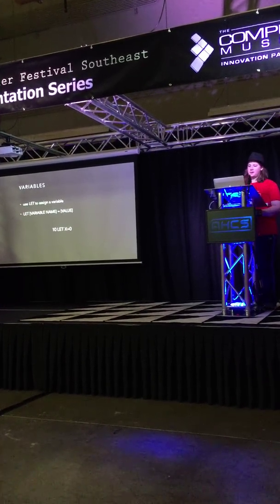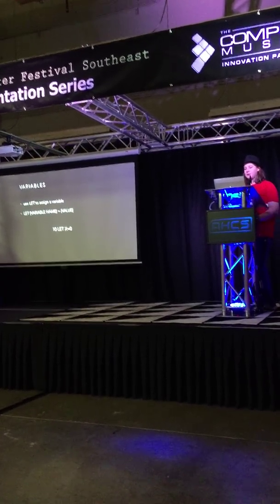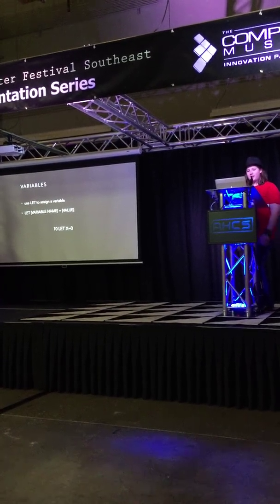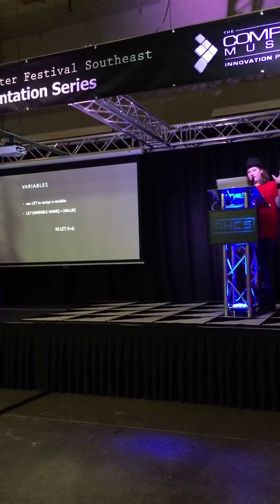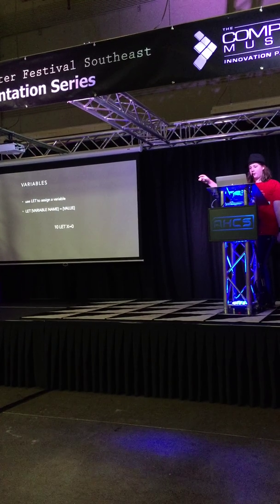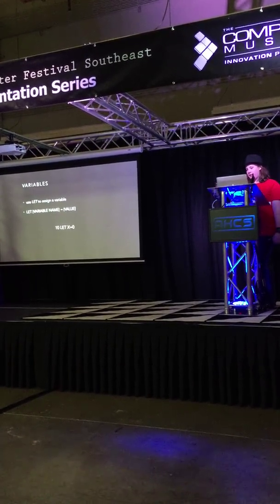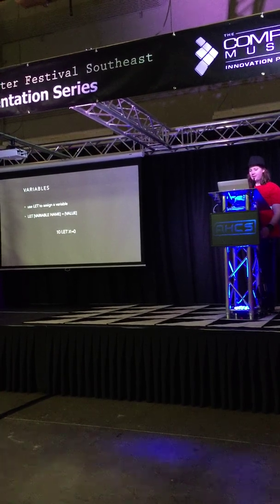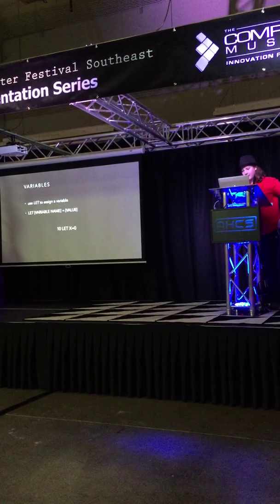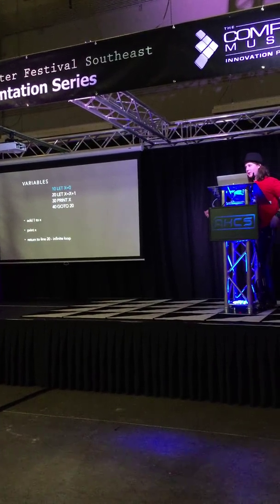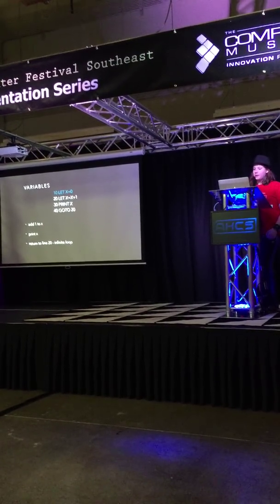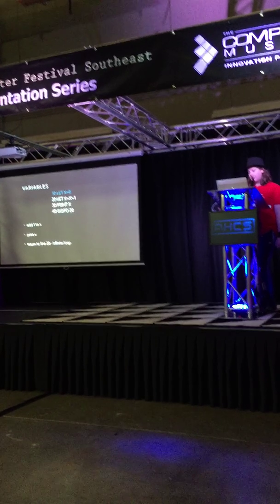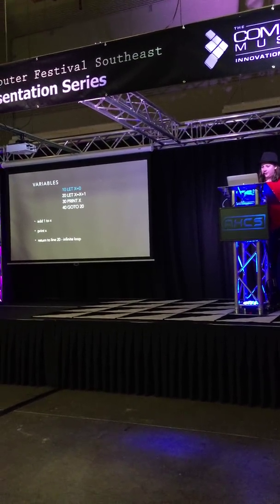Now I'd like to talk about variables. You use the LET command to assign a variable, so you would have LET, your variable name, equals whatever value you want to store. This example is LET X = 0. It's pretty simple. The rest of this little program is LET X = X + 1, PRINT X, and GOTO 20.